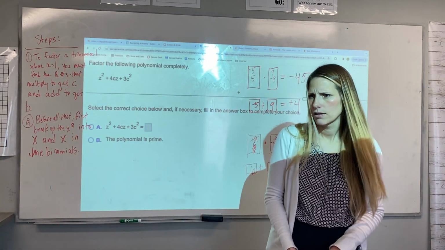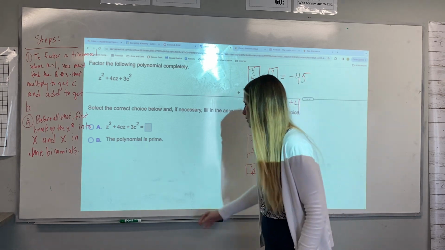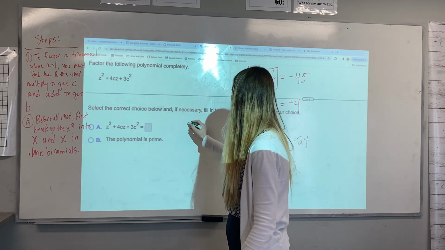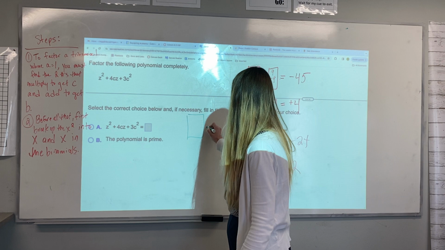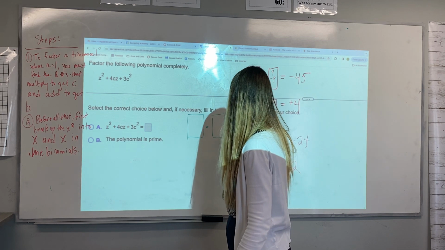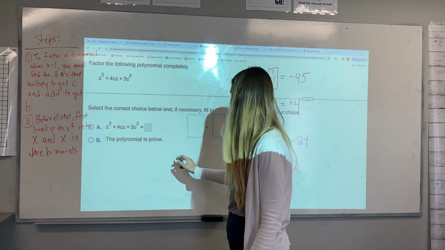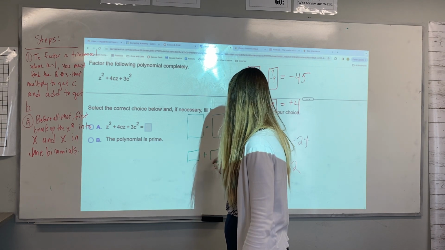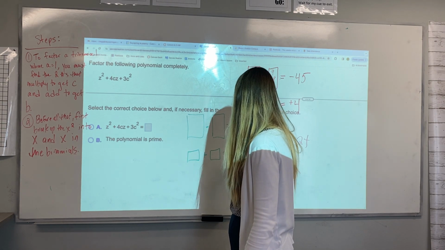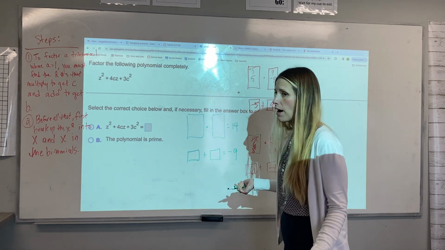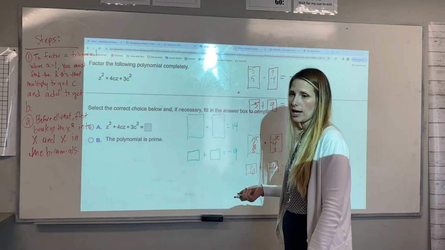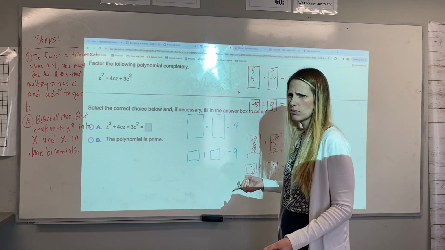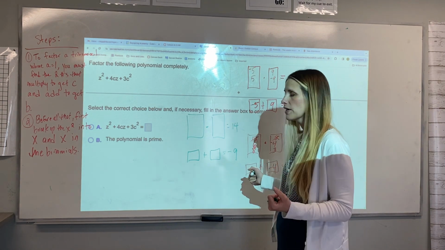What are your numbers? What's the product? 14. Okay, 14. Negative 9. Okay. Now again, your biggest challenge is going to be positives and negatives. Your best friend is going to be your calculator. 7 and 2 is perfect.